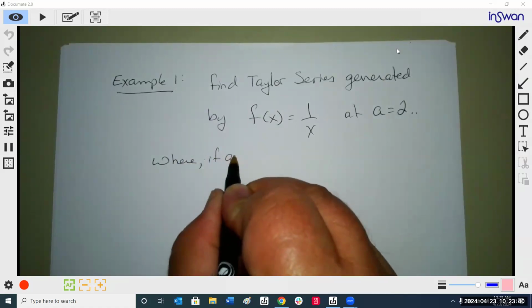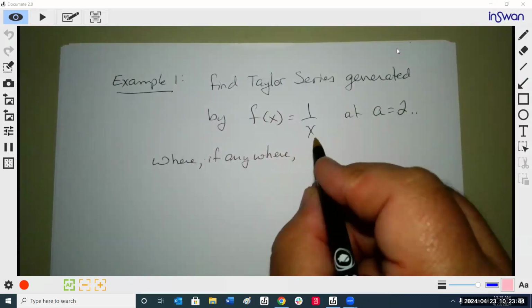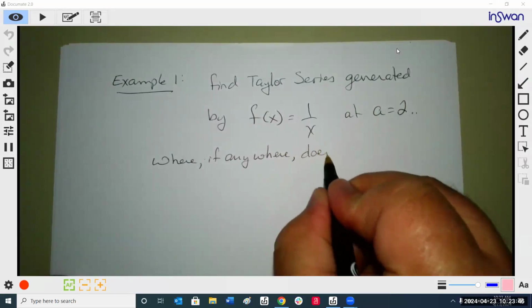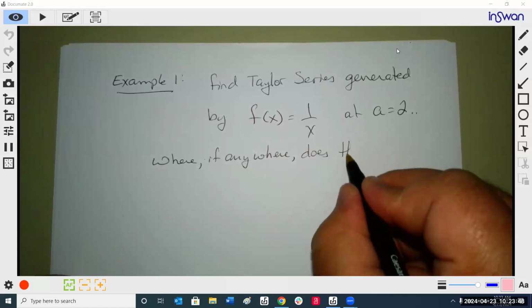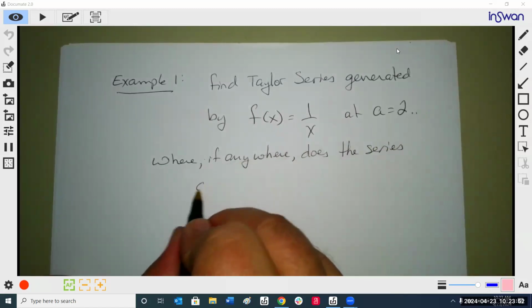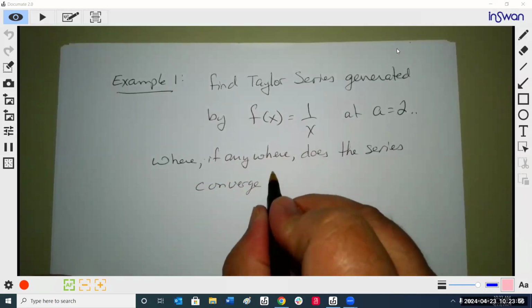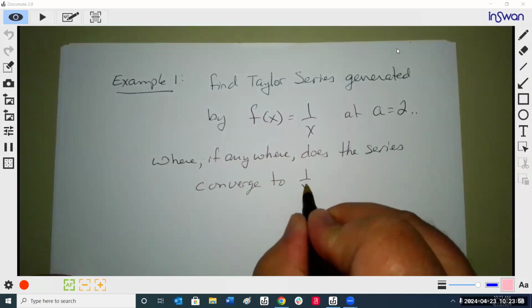Where, if anywhere, does the series converge to 1 over x?